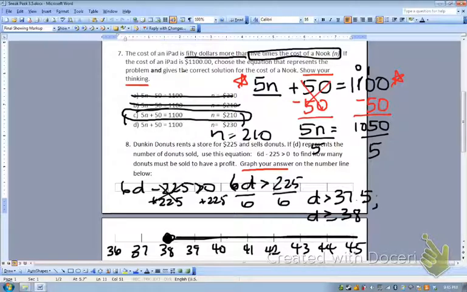I'm filling my dot in because I'm including 38.